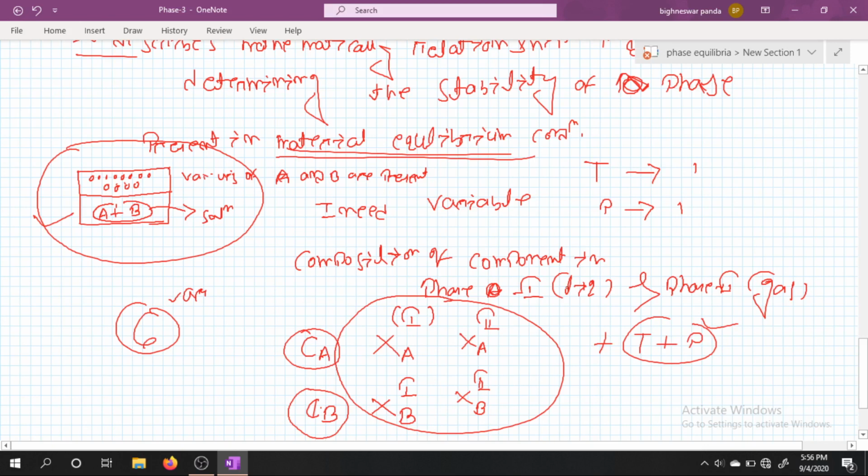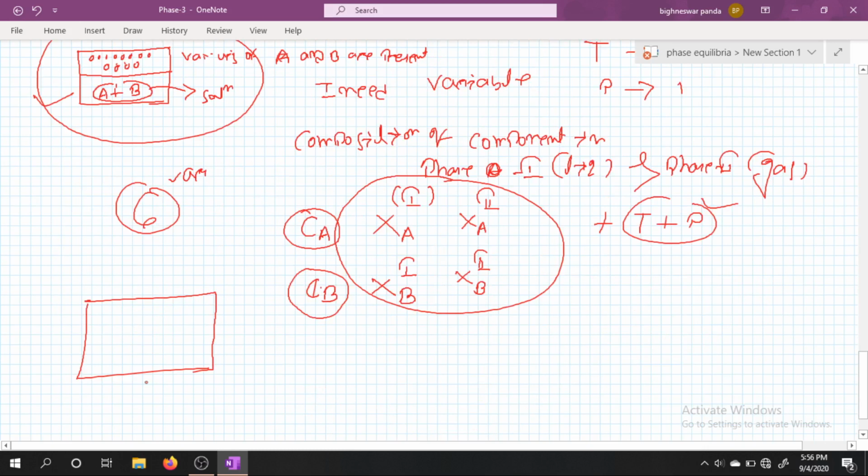Similarly, if we consider a system which contains P phases and C components. Here 2 components are present, but here I am telling C components are present.